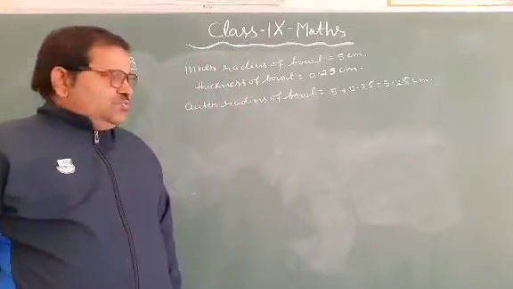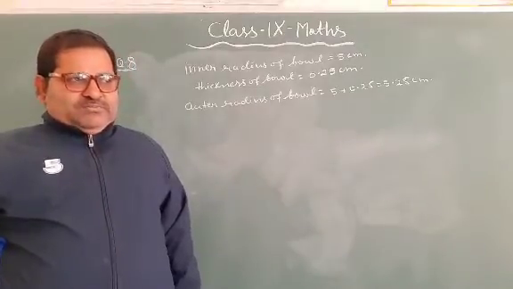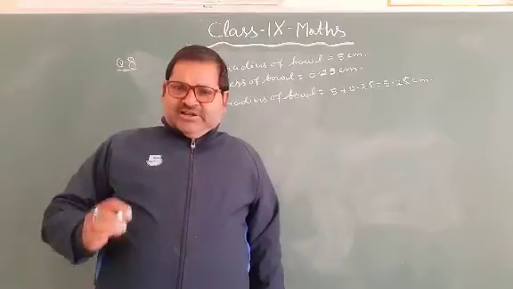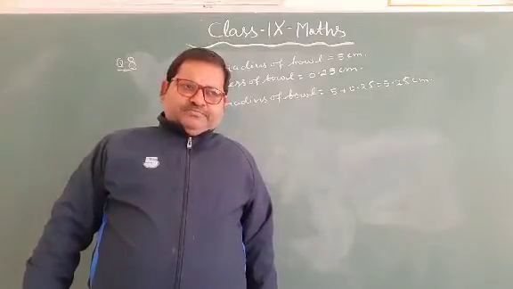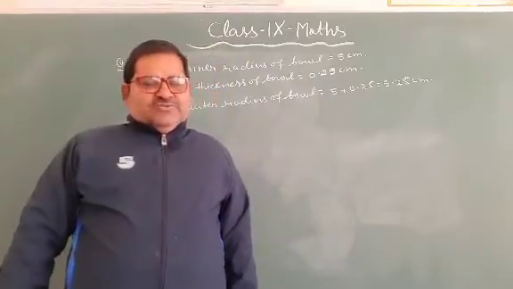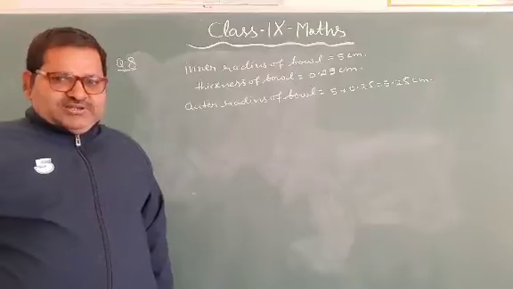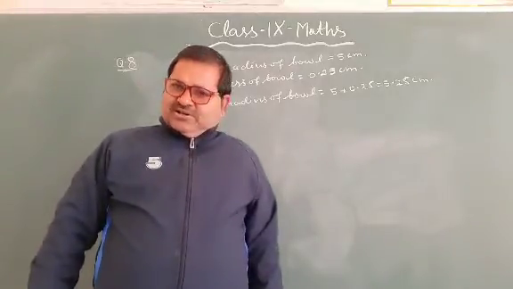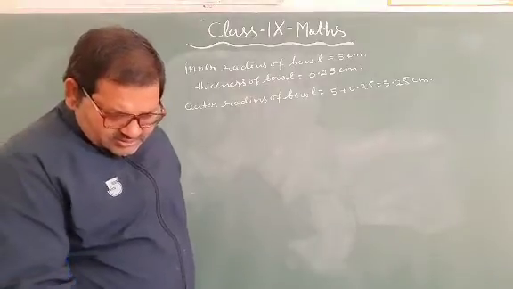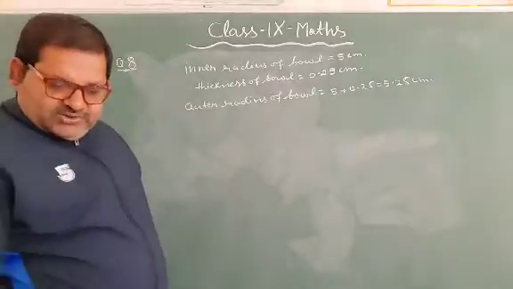So the outer radius of the bowl is equal to the inner radius plus thickness. So the inner radius plus thickness is equal to 5.25 centimeter, which is the outer radius. So find the outer curved surface area.